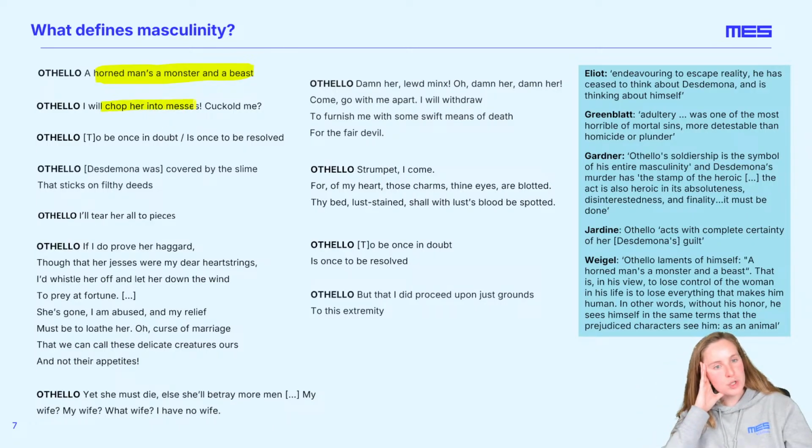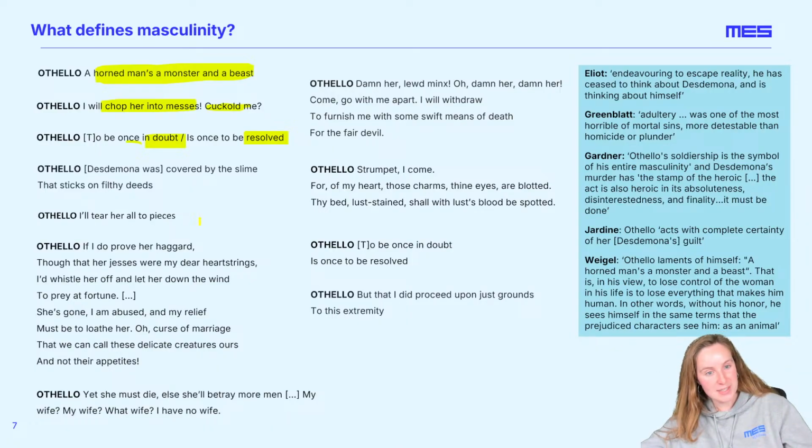Othello also saying, I will chop her into messes, cuckold me. This idea of violence as immediate consequence for even the question of cuckoldry is vicious violence. Othello also says to be once in doubt is to be once resolved. This idea of if he doubts Desdemona's faithfulness once, that's his decision made. He has to act.